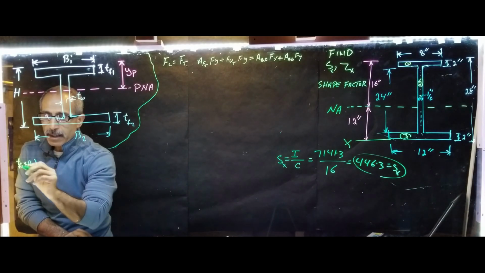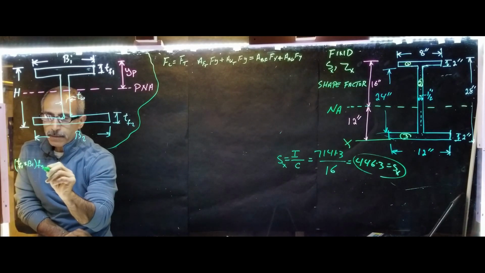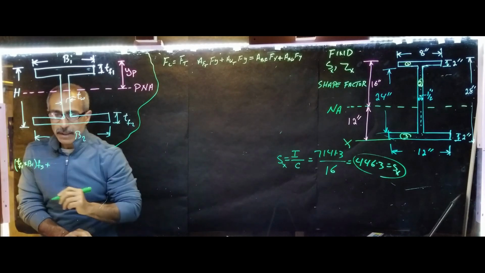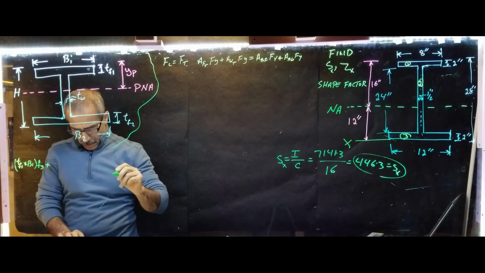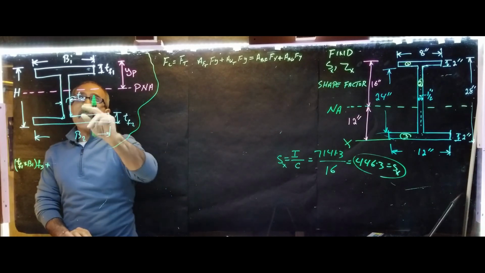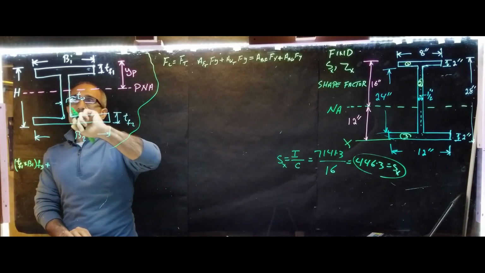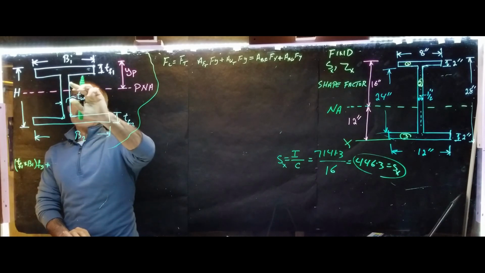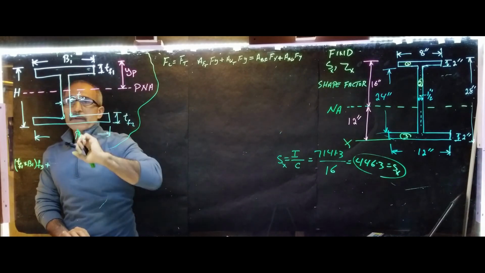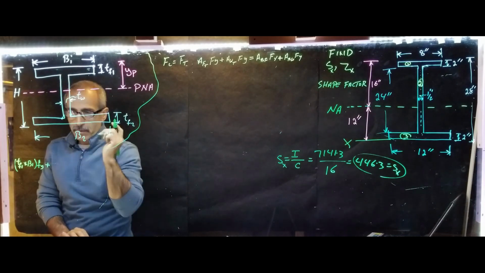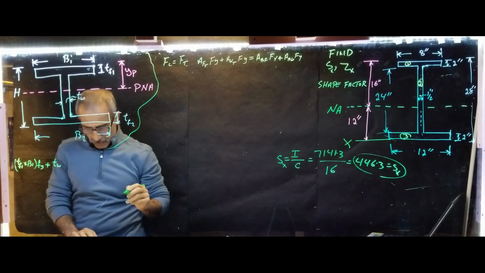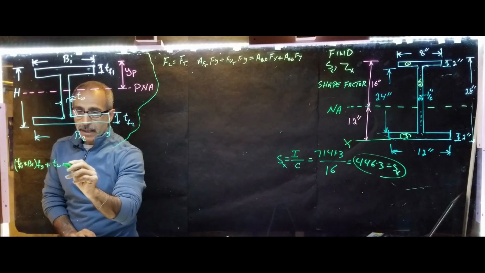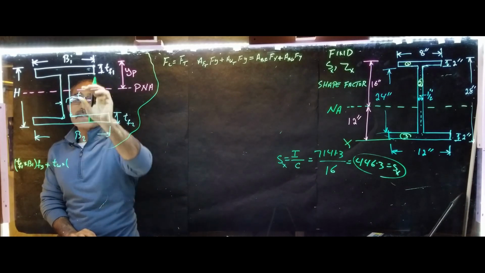Okay, that's the area, multiplied by Fy. Plus, right? Now the web is going to be a hard time to figure out. The area of this web here, which is TW, we got that part, that was easy. Now TW multiplied by, what is the length?